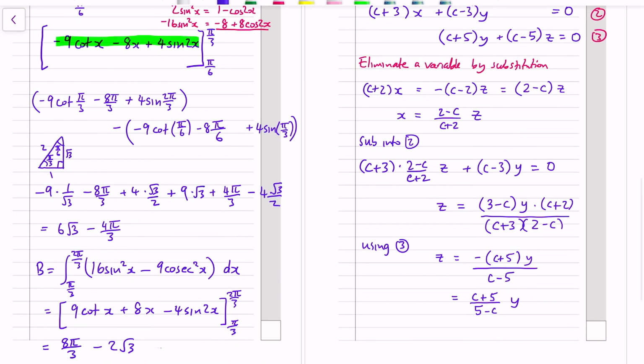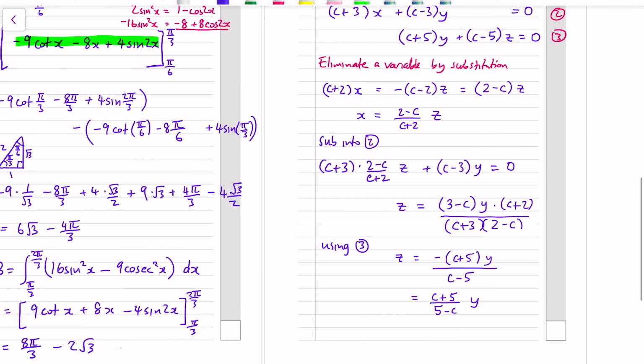So what I've achieved there is one expression for z in terms of y and another expression for z in terms of y. To use a bit of lingo from this achievement standard, if we want solutions, then those equations need to be consistently true. We'll call these equation 4 and equation 5. 4 and 5 need to be consistent.